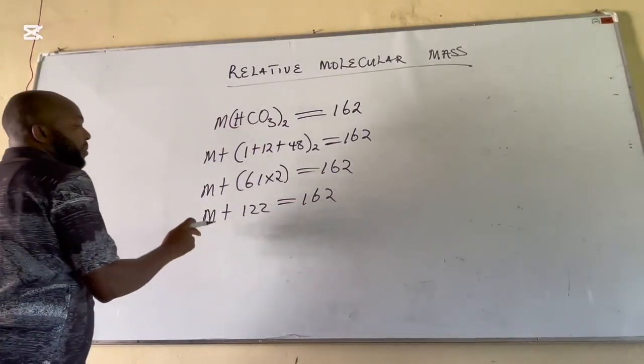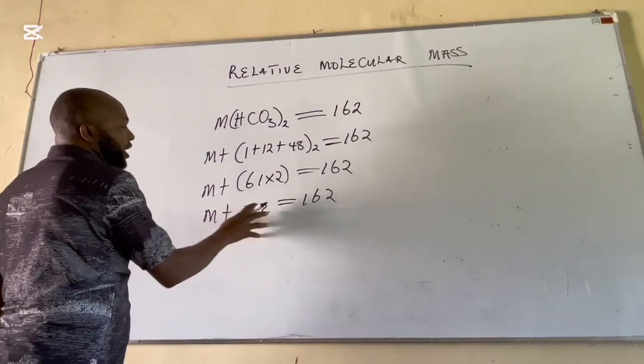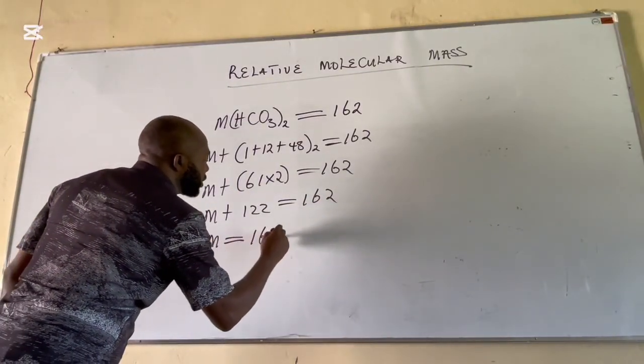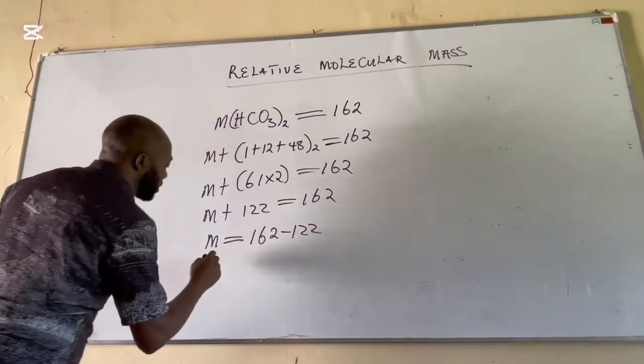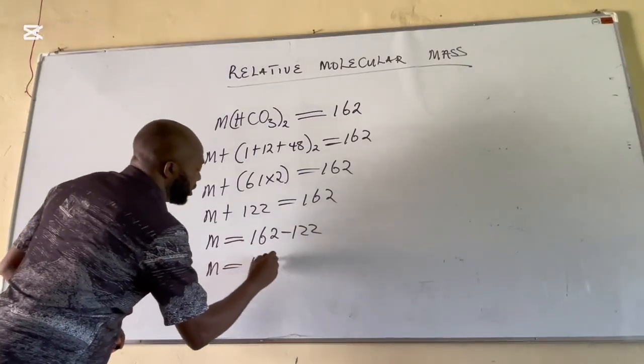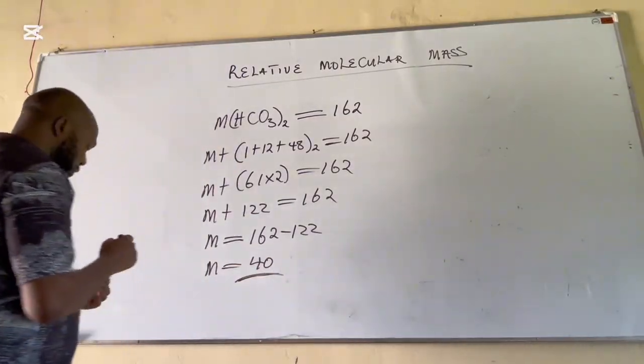Now I'm looking for M. I have to make M the subject, so I take this across the equality sign. So my M is equals to 162 minus 122, which is 40. So my M is 40.